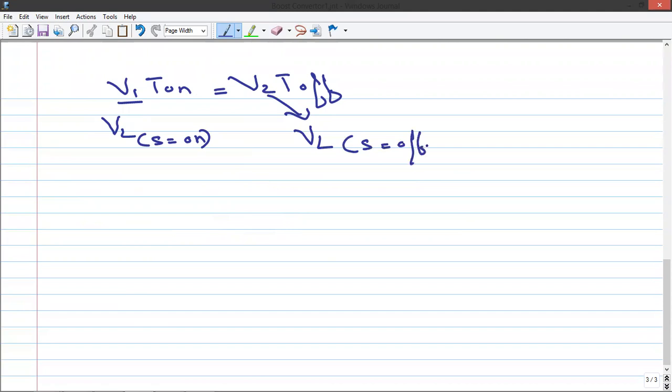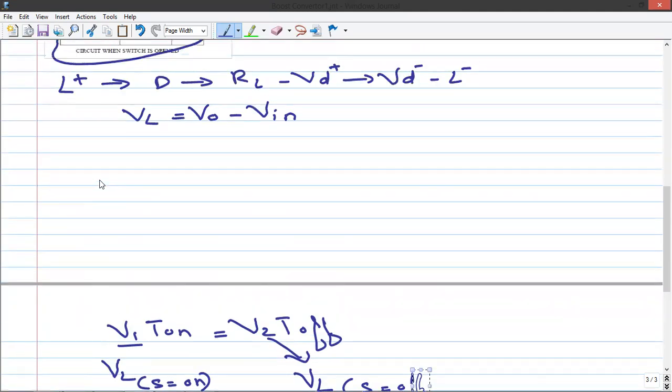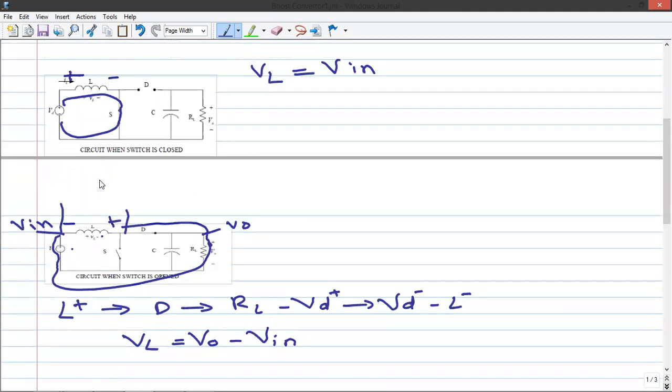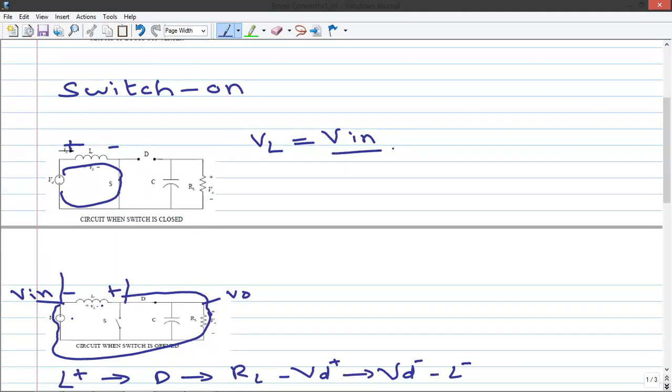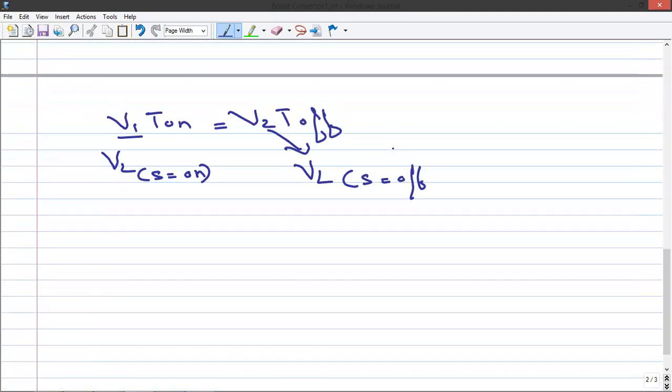We have already seen that when the switch is on, VL is V input, so V1 is V input. V2, the demagnetizing voltage, is V out minus V input.